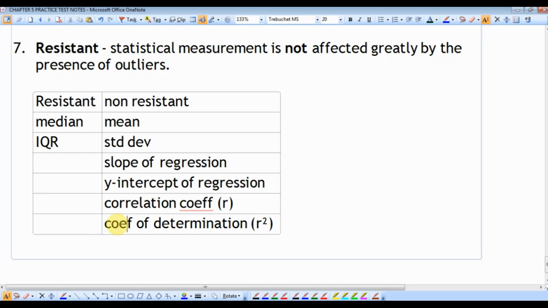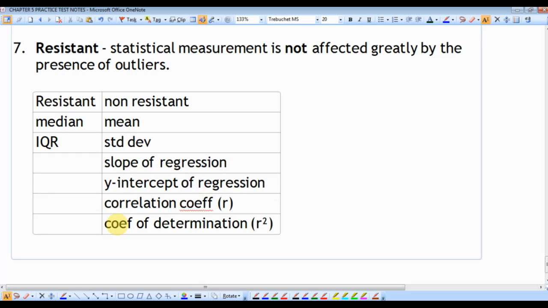But I don't really get how the median is not resistant. It is resistant. Let's say we knock out a high outlier.